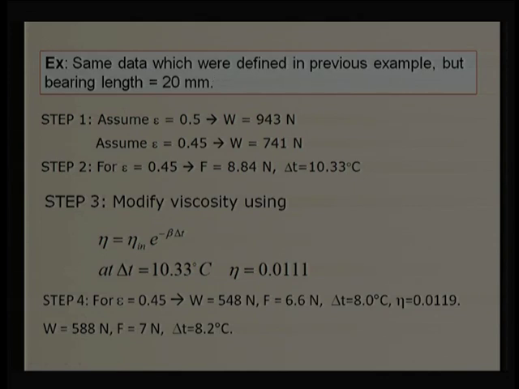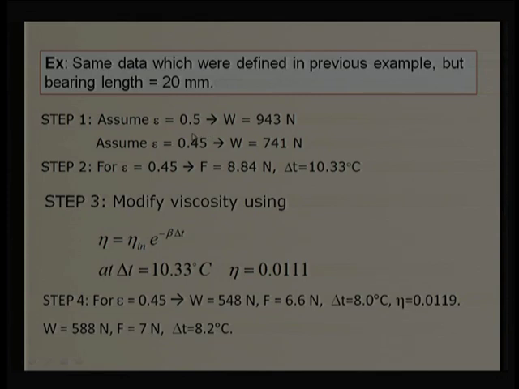If we do that, again we need to assume as a first step the eccentricity ratio. We need to guess. As I mentioned earlier, a simple guess is the summation of 1 and 0 divided by 2, an average value at the first step, giving epsilon as 0.5. This is turning out to be 943 Newton.